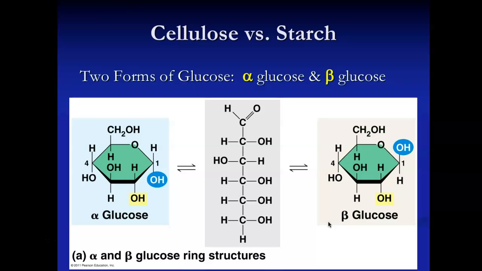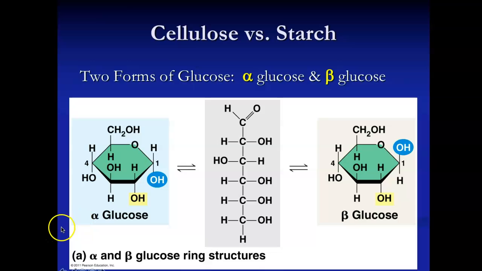So cellulose and starch are both found in plants. Okay, and cellulose and starch are both large polysaccharides made up of glucose molecules bonded together. You have what's called an alpha glucose, and then you have what's called a beta glucose.